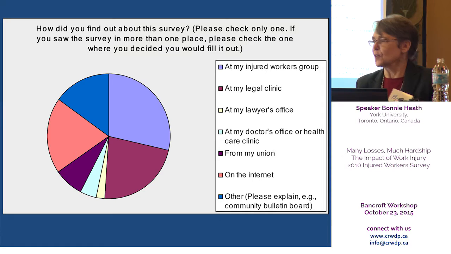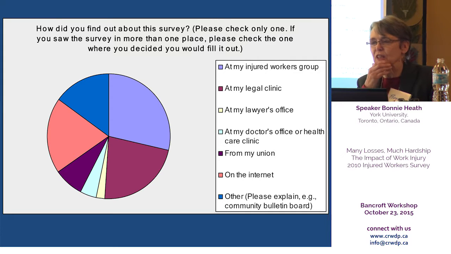The vast majority of people in the study did come from an injured workers group or a legal clinic or some kind of representative. I don't have the numbers, sorry, John, but I think it was over 70% came from a situation where they were disputing a claim. So clearly, we were not getting a representative sample, but we were getting the people who were having problems.